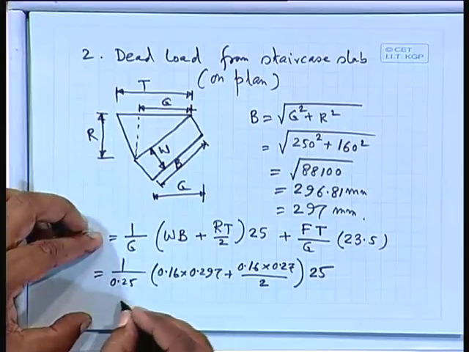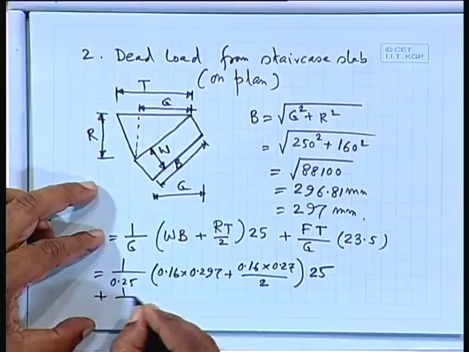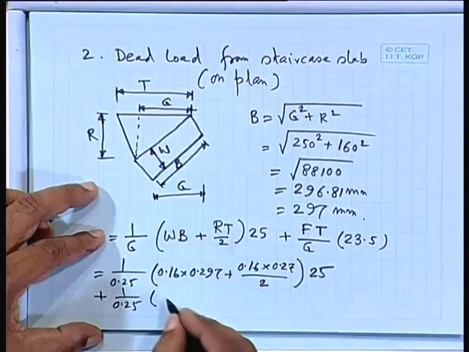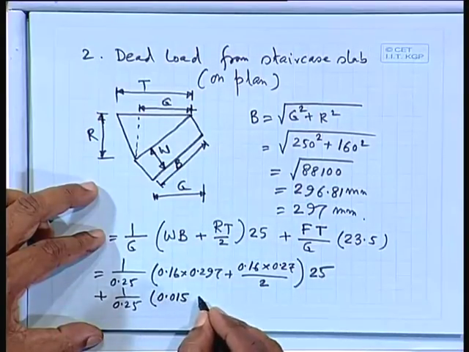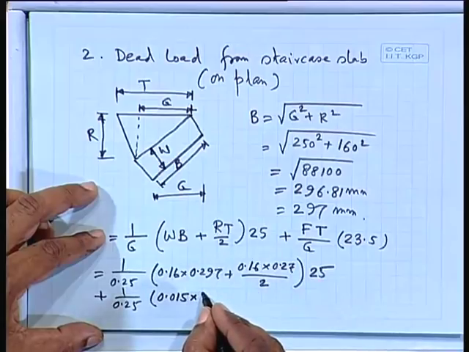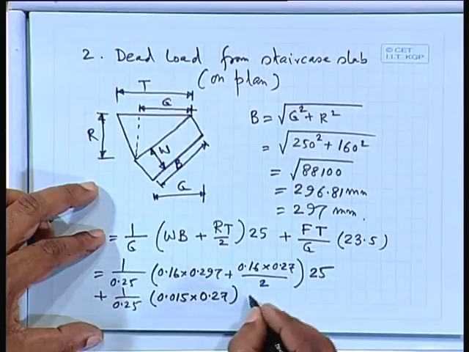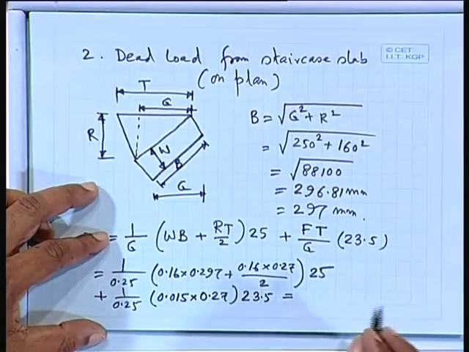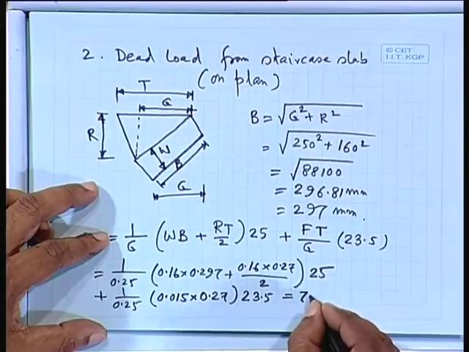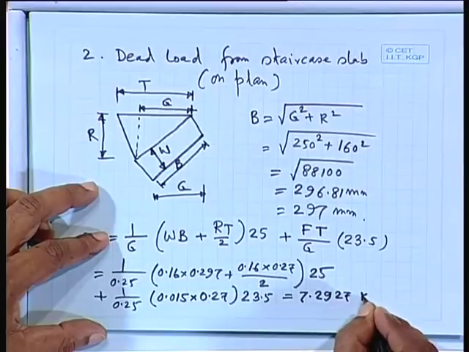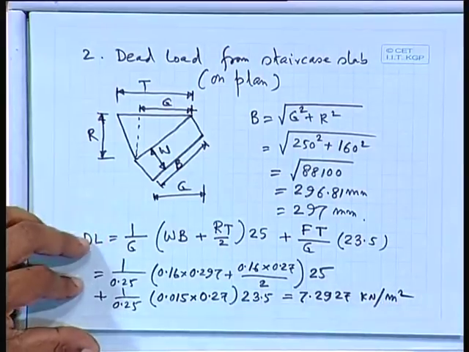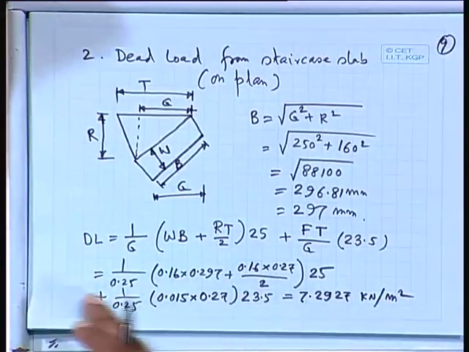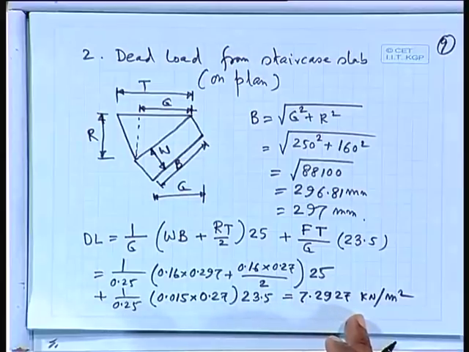Can I manage? Yeah, let us manage it here. So plus 1 by 0.25 times F, the floor finish 0.015, 15 millimeter, times T 0.27, times 23.5 the unit weight, which comes as 7.2927 kilonewton per square meter. So this is what I am getting here, the dead load, 7.2927 kilonewton per square meter.